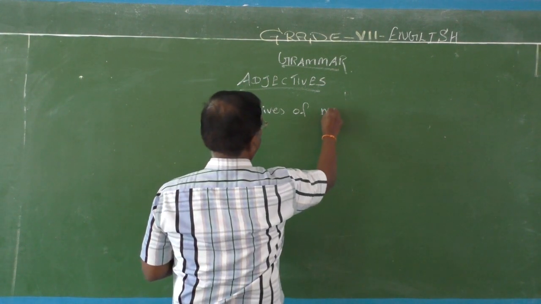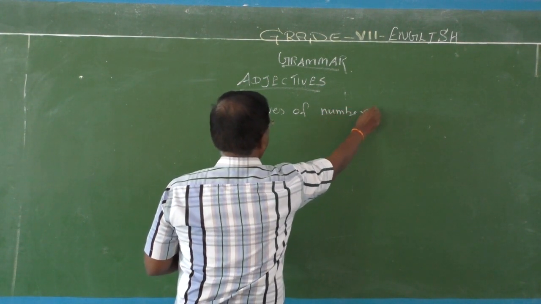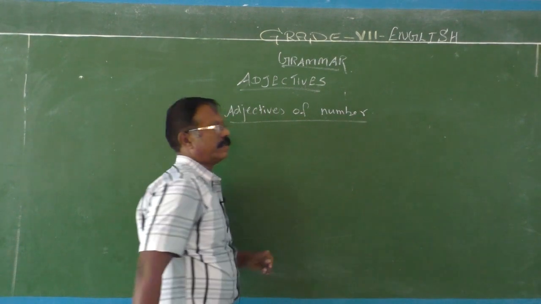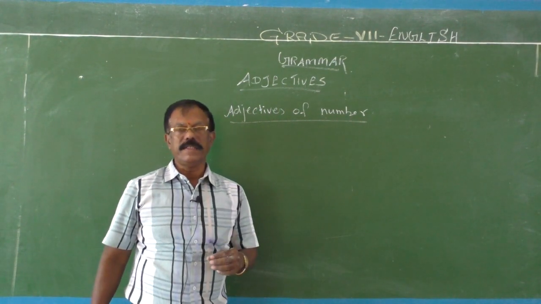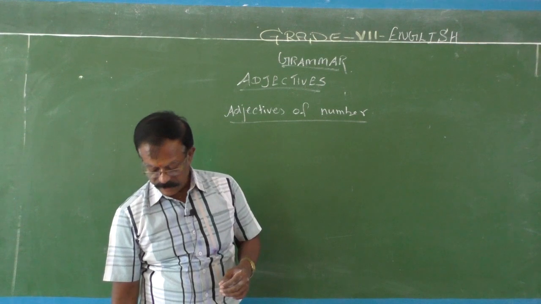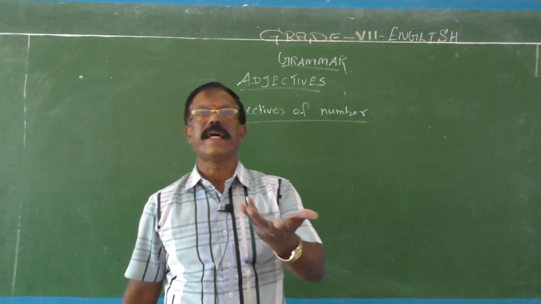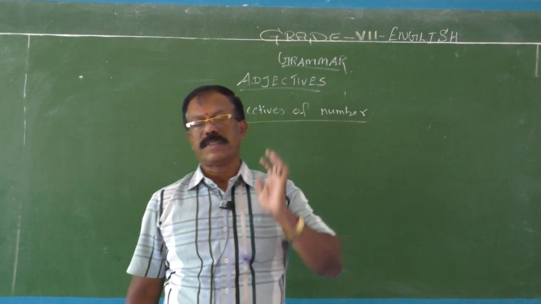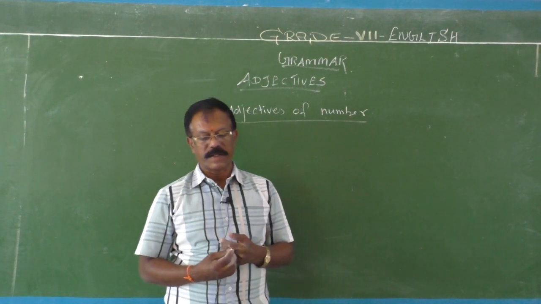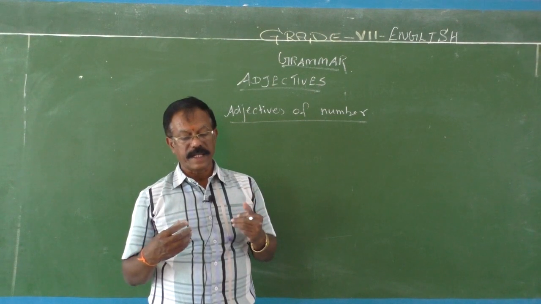Adjectives of number. Sometimes you can count the number of things you have. You can count certain things and you can express the quantity in exact number. So such types of adjectives are called adjectives of number. Adjectives of number tell us how many.